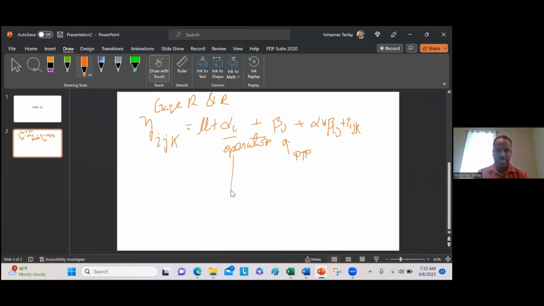There is a variance associated with this one, sigma square 1, and a variance associated with that one. There is also another variance, sigma square 3, associated with the interaction term. So this variance tells us reproducibility.